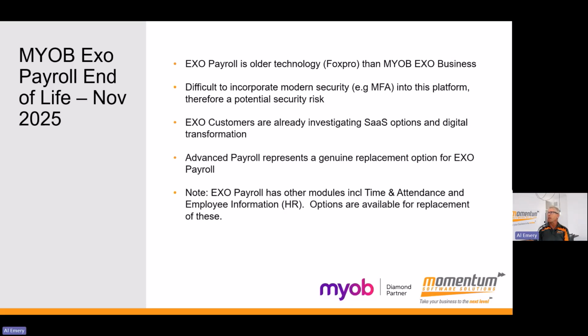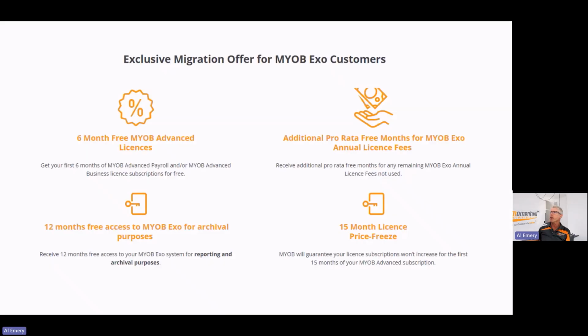So we already have a number of customers that have migrated from EXO to Advanced for both payroll and ERP. Payroll's the more urgent priority because it has been announced end of life. Right now and for the next few months, there are some commercial offers available. For EXO customers looking to migrate to MYOB Advanced, either for payroll or ERP or both, there is a 6-month free license period for the MYOB Advanced licenses.